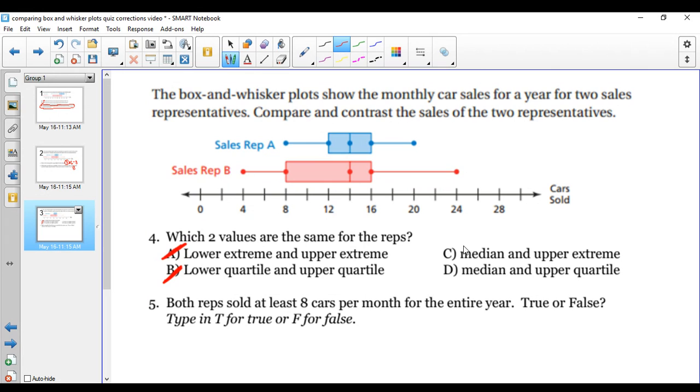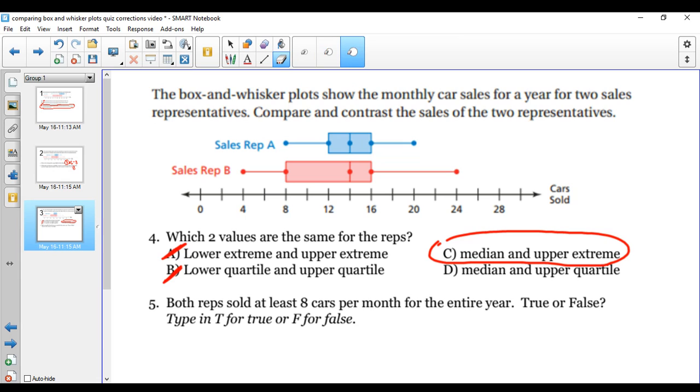Okay, choice C says the median and the upper extreme. So let's check that one. The median for sales rep A is 14, the median for sales rep B is also 14. So far that's true. Now the upper extreme. The upper extreme for sales rep A is 16, and it looks like the upper extreme for sales rep B is also 16. Oh, I'm sorry, I read upper quartile. That is not correct.